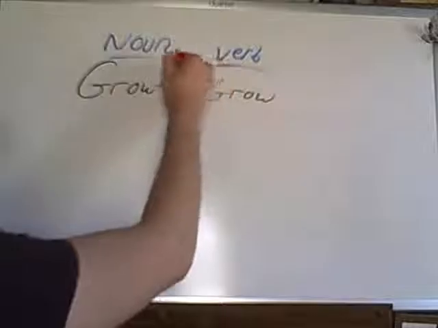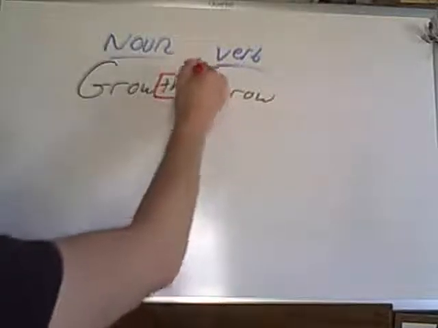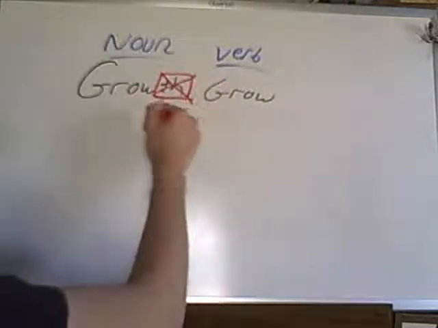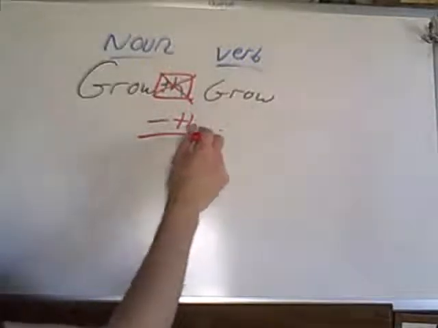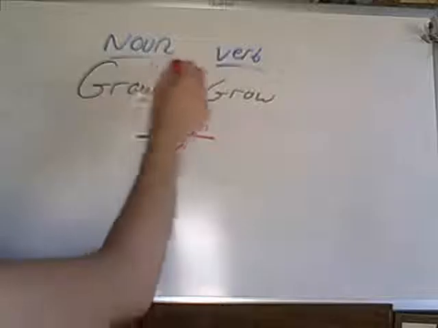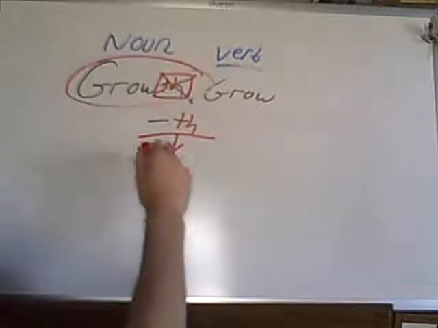Now notice when we changed to verb, we lost the TH. So what can we say about TH in this context? The ending TH shows us that this word here is a noun.